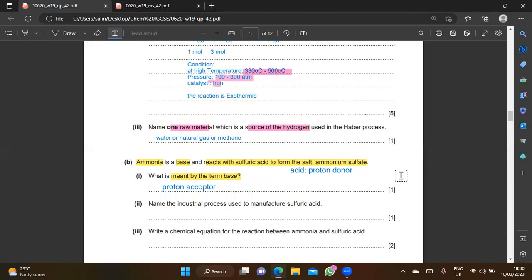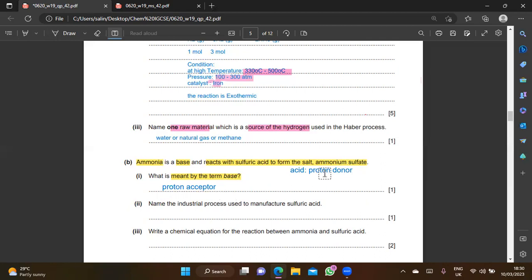So put it inside your mind, try to remember this. An acid is a proton donor, whereas base is a proton acceptor. Okay. One of the reasons why an acid is a proton donor is very easy to understand.